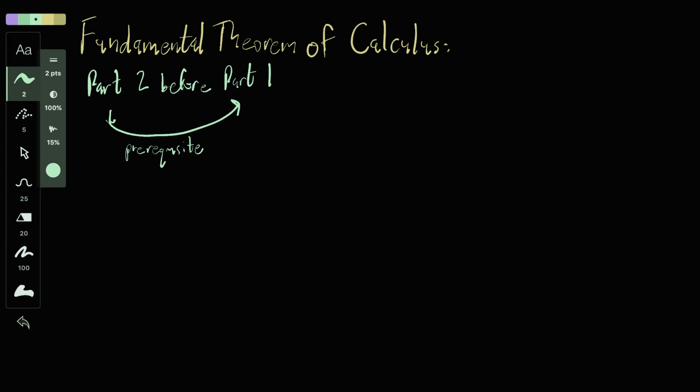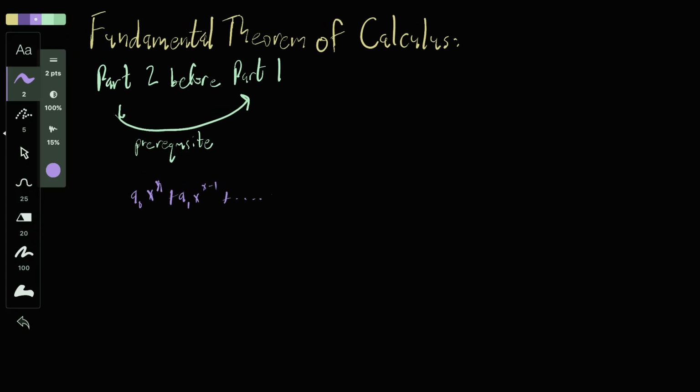Also, this has many parallels with something known as the fundamental theorem of algebra, which states that a polynomial a0 x to the n plus a1 x to the power of n minus 1 plus so on until a(n minus 1) multiplied by x plus an is equal to 0 has exactly n solutions, accounting for complex numbers and multiplicity.